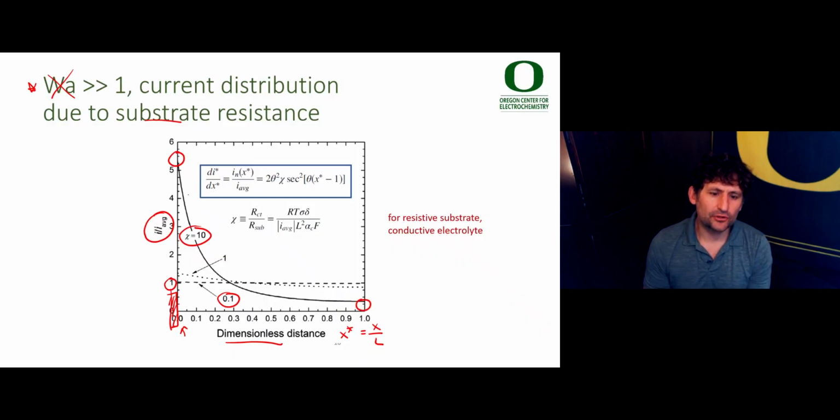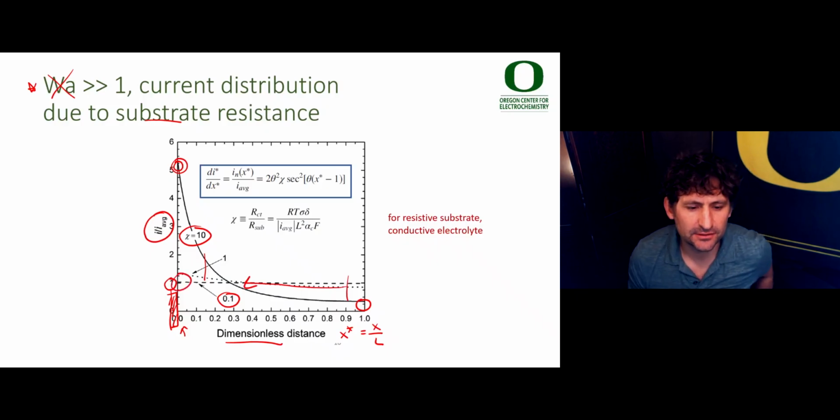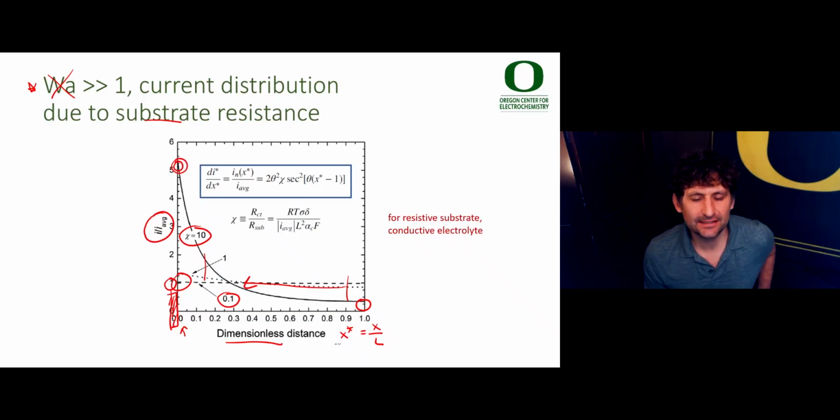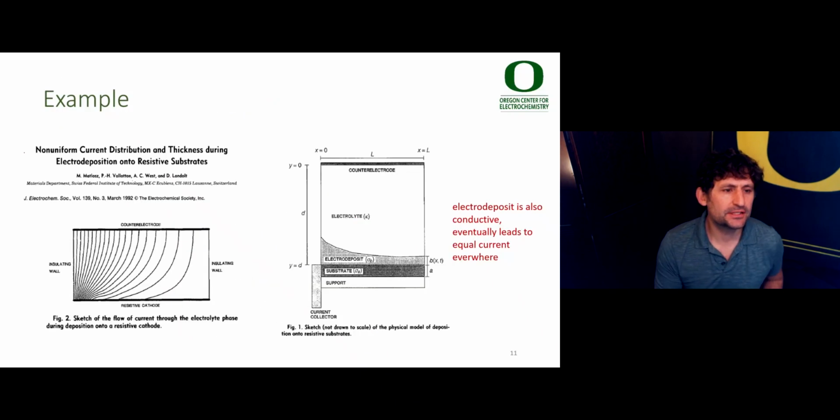Well, it's very simple. Here is where you have the most driving force for the reaction because you haven't had to pay the price of moving the charge through the resistive substrate. So the deposition happens where the electrons can get to the easiest, or where it's easiest to get the current out. Here's an example from a nice paper that takes it one step further.